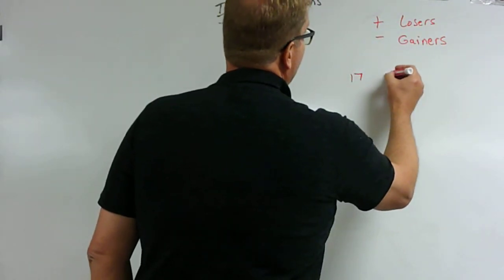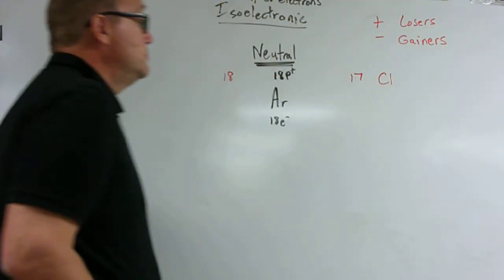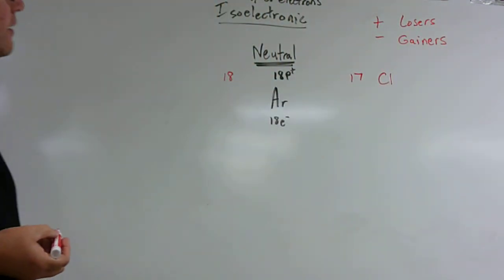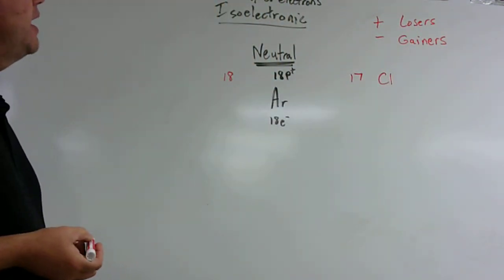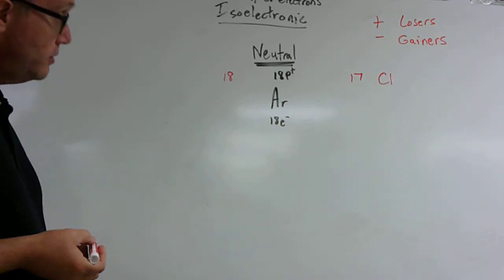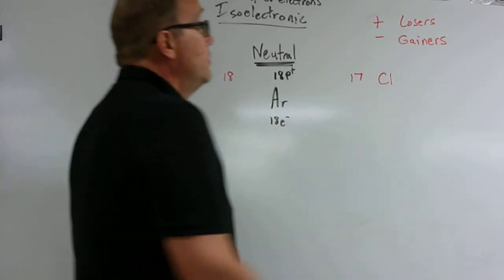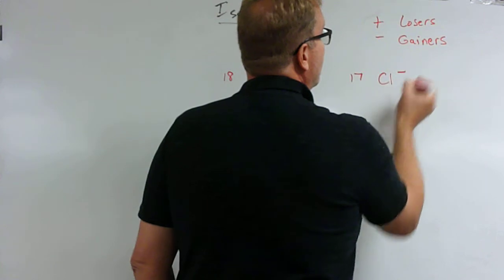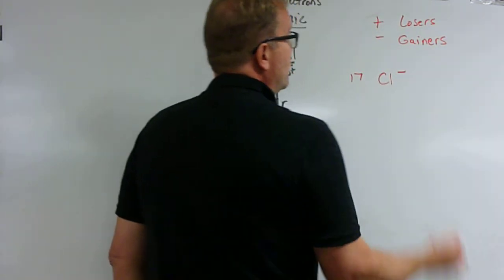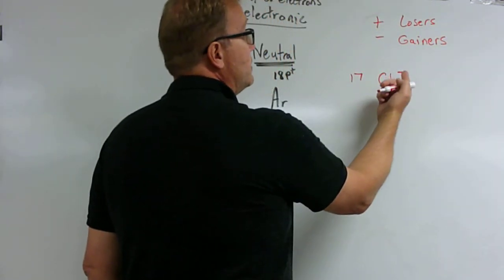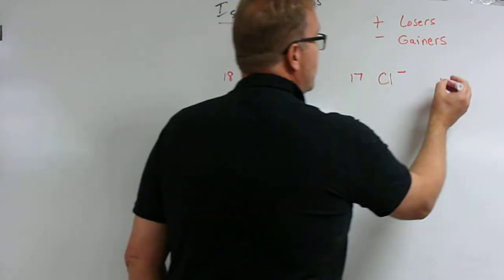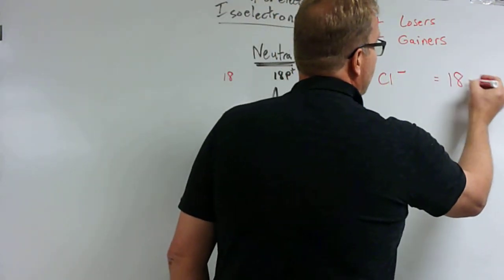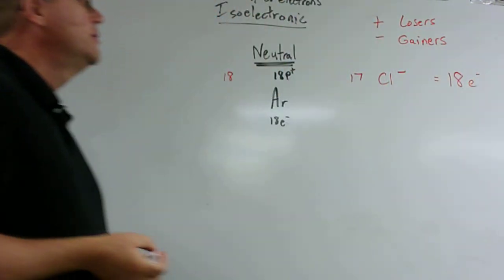Well, element number 17 is chlorine. How does it get to 18 electrons so it can become isoelectronic with argon? I'm going to have one negative charge. That will be my 17 plus my gain of 1, which equals 18 electrons.